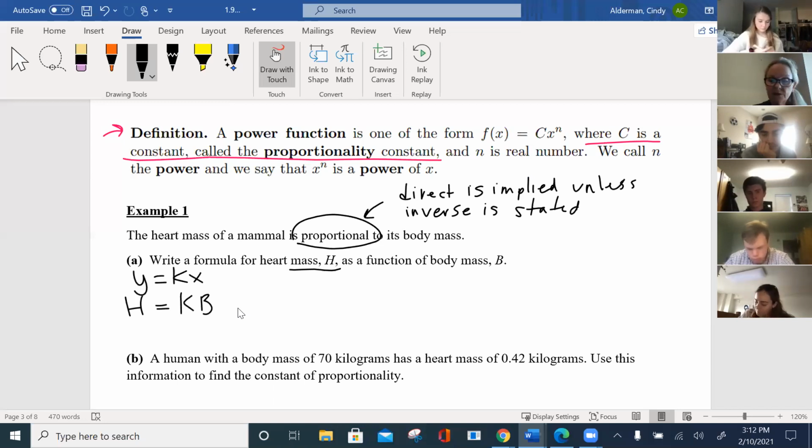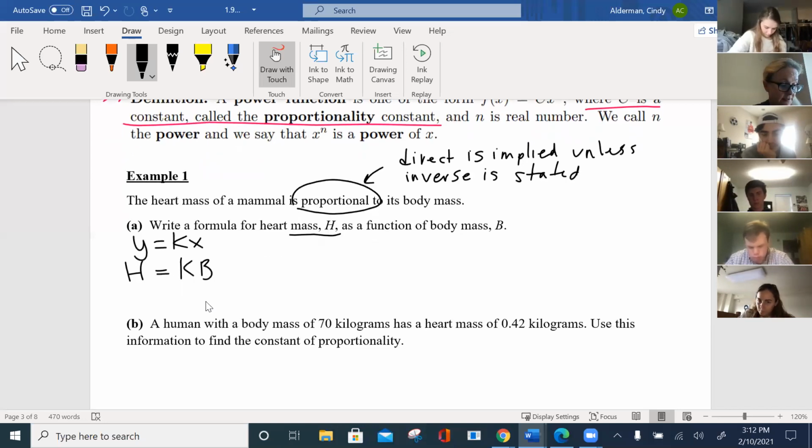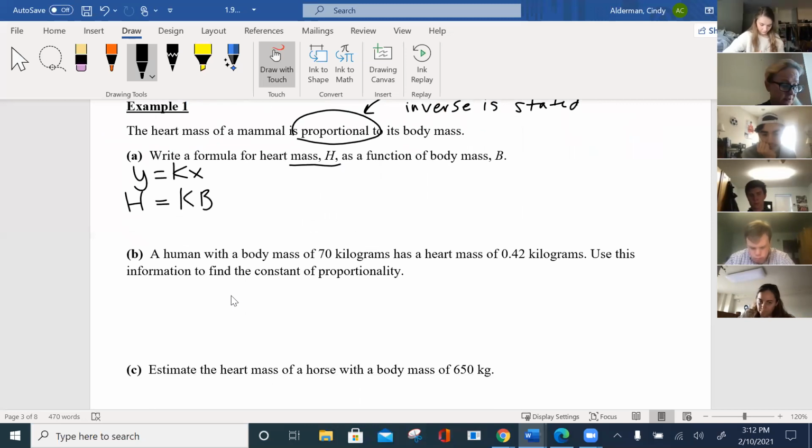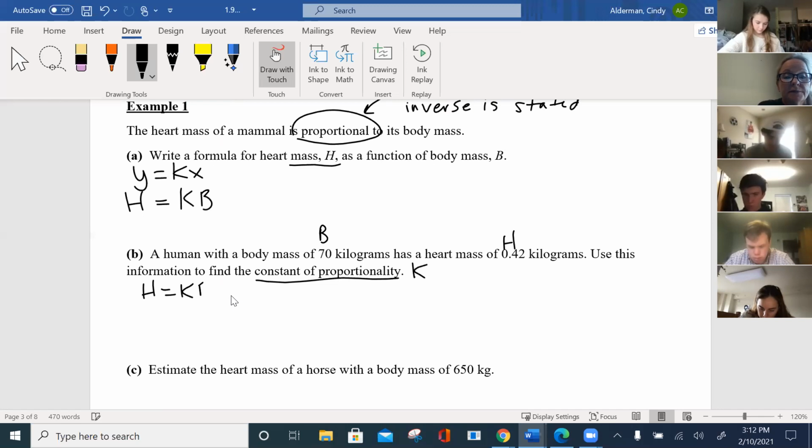Okay, so we wrote the formula. Now they give us information. Now body mass is 70 and heart mass is 0.42. We're going to use that information to find the constant of proportionality, which is the k value. All right, so we're going to start with our formula, H equals kB.